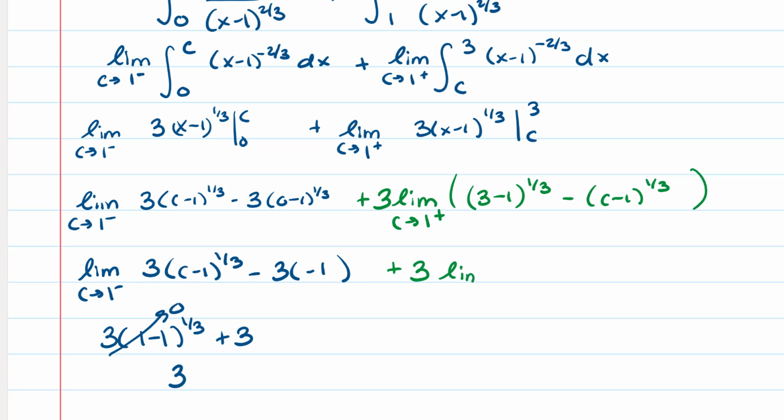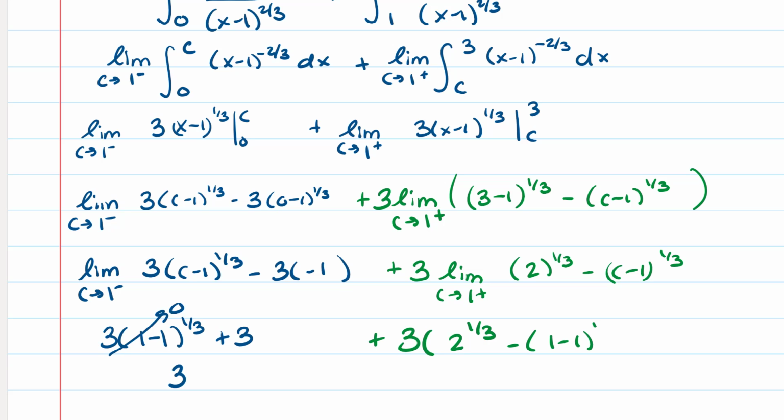It's the limit as c approaches 1 from the right of 2 to the 1/3 minus (c minus 1) to the 1/3. So I'm going to plug in 1 now. So I get 3 times (2 to the 1/3 minus (1 minus 1) to the 1/3). This whole thing is going to zero out, and I get plus 3 times the cube root of 2.